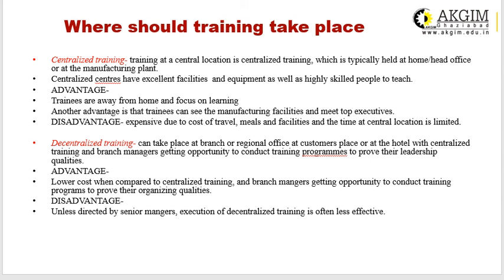So they have excellent centers, facilities and equipment as well as highly skilled people to teach the new salespeople. The main advantage is that because the trainees are away from home, they can focus more on learning. Another advantage is that the trainees can see the manufacturing facilities and meet the top executives.